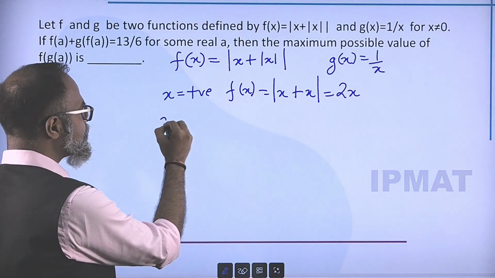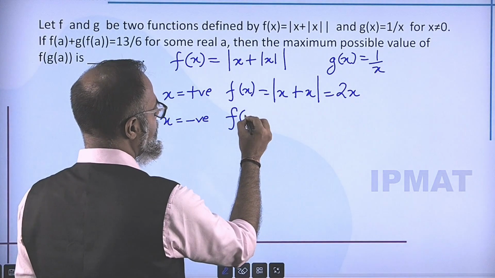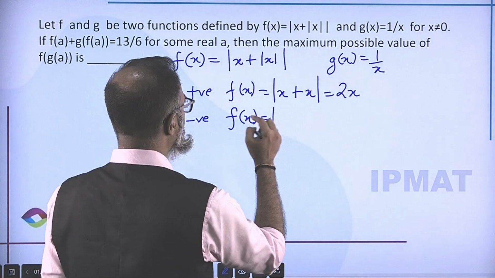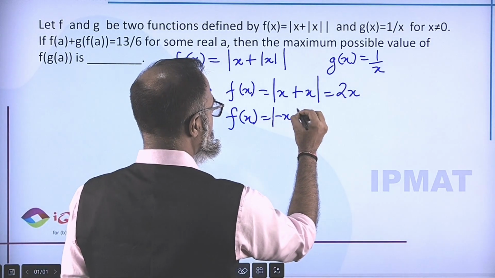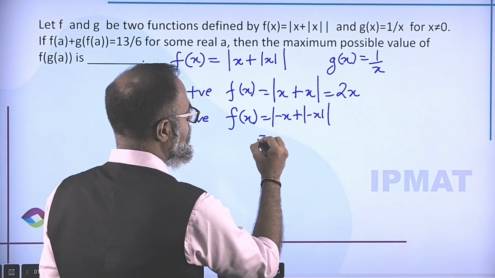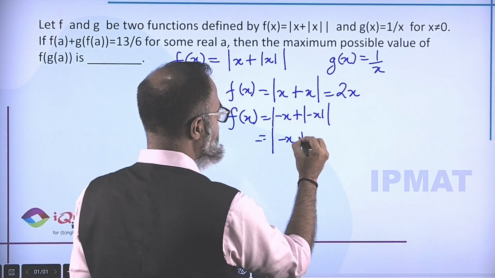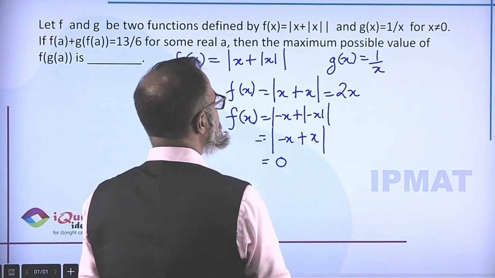But what if x is negative? Then I get f(x) = x + |x|, and that becomes minus x plus positive x, so these cancel out each other and end up as 0.